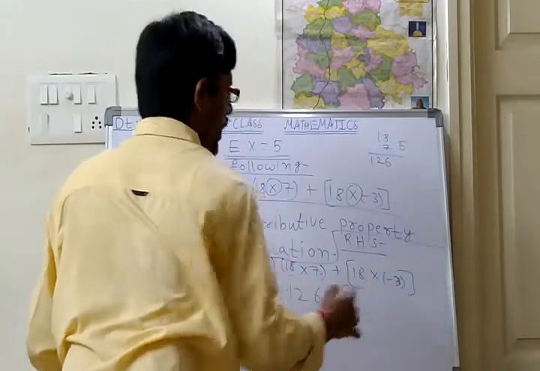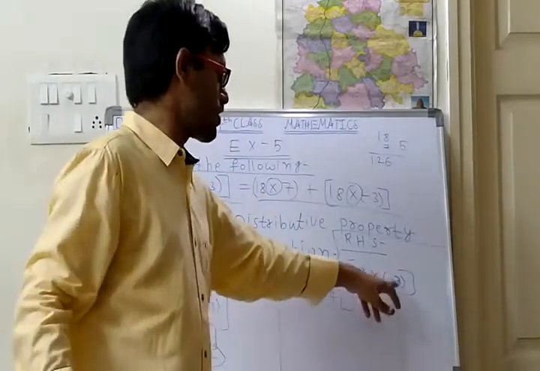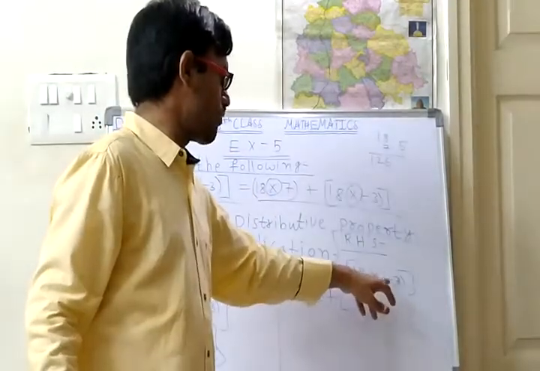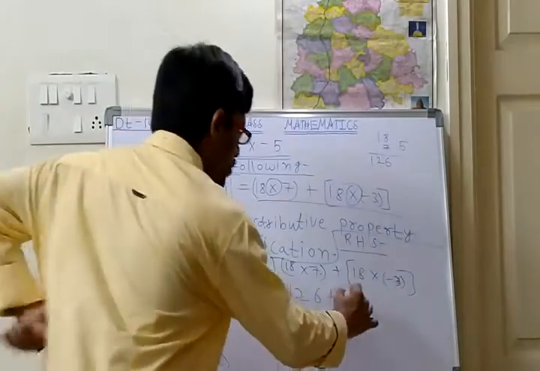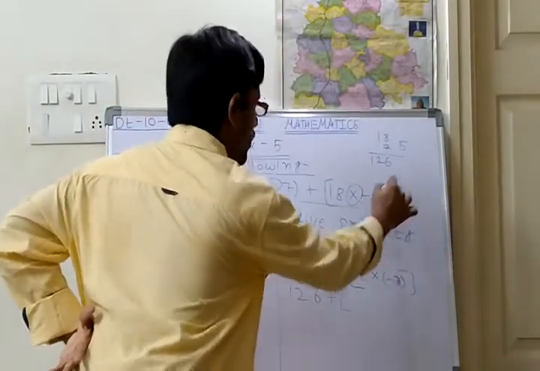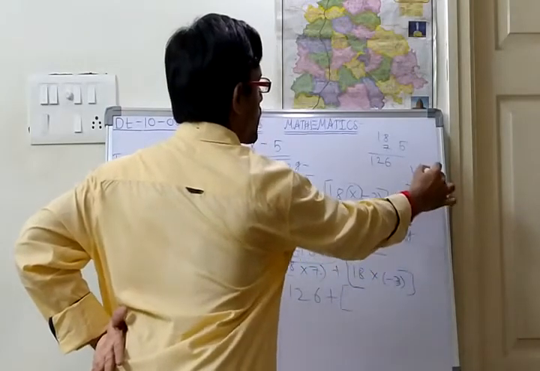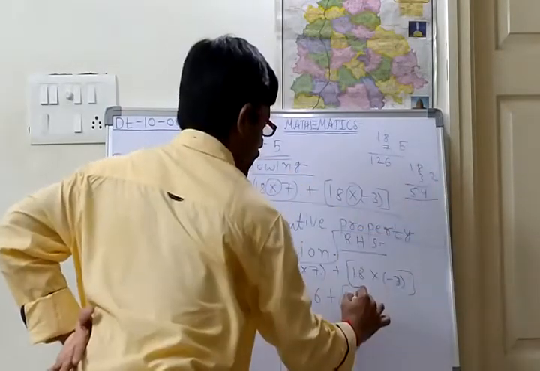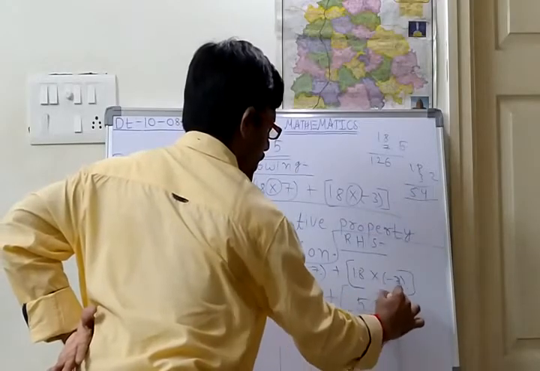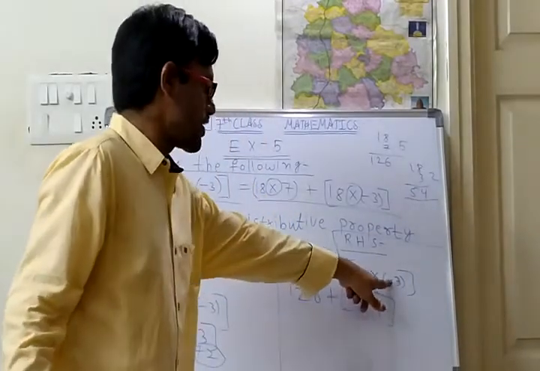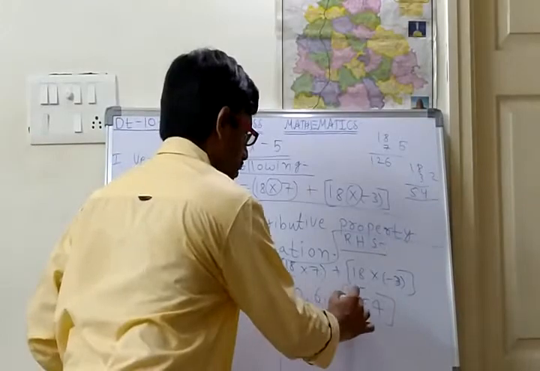First, 18 threes. 18 threes how much? 3 eights are 24, 3 ones are 3, plus 2 is 5. So 54 is 18 into 3. Here minus is there, so plus into minus is minus.